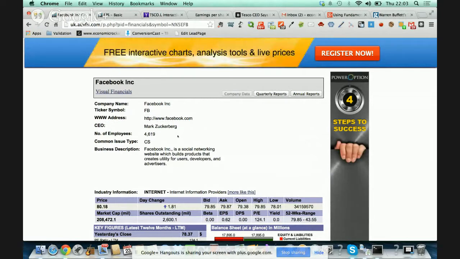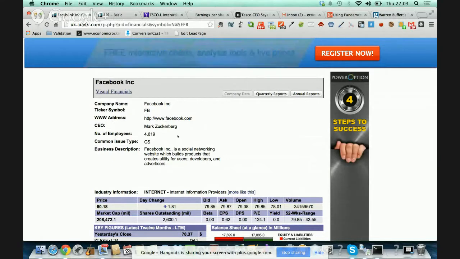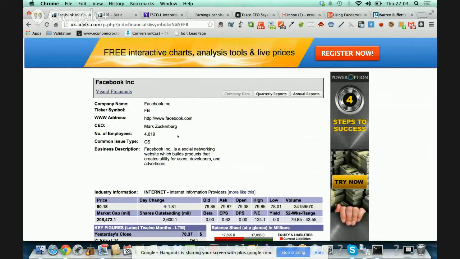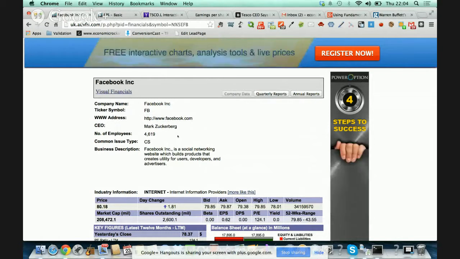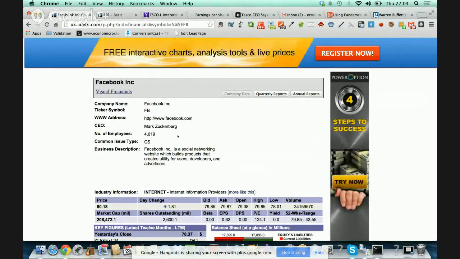So that creates a shortage. If Zuckerberg was to release his shares onto the market gradually, you'd have more selling relative to buying, and that could bring down the price. So Zuckerberg could effectively be what we might call cornering the market, where you retain a lot of the stock or a commodity and don't sell it onto the market, thereby bidding up the price and then releasing it later on.